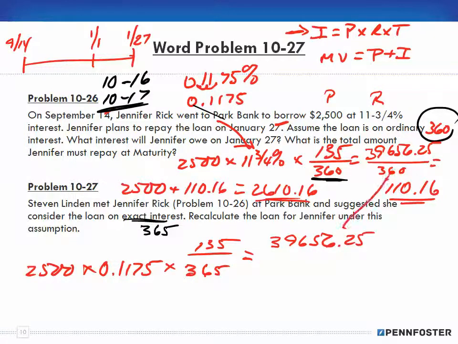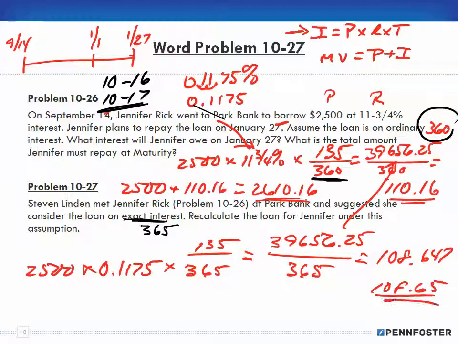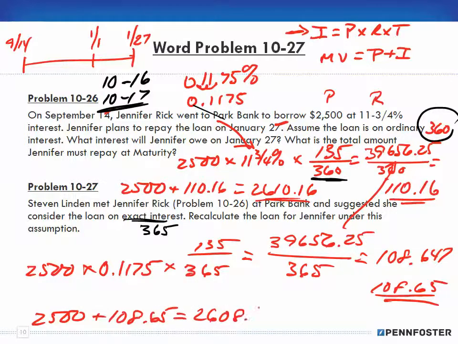Same number as up here. We're dividing by 365, and I end up with 108.647. I'm going to round that to $108.65 of interest. The maturity value would be 2,500 plus 108.65, which is $2,608.65.